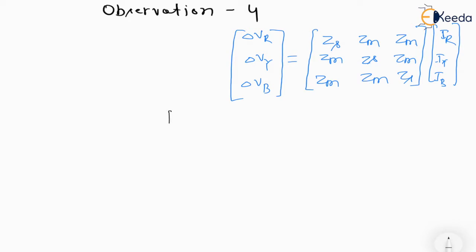So we can represent the matrix 1 1 1, 1 alpha square alpha, 1 alpha alpha square.